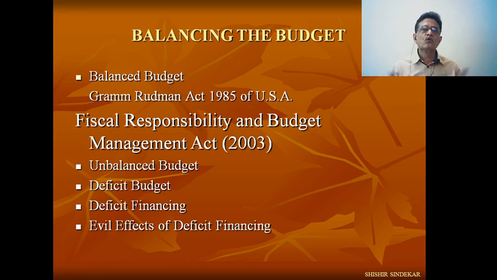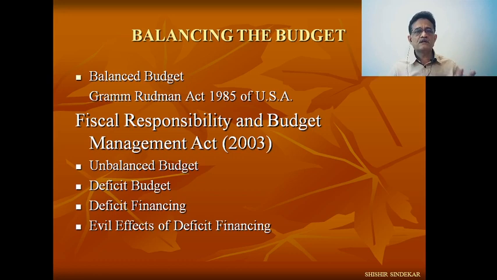Now coming to the more important part of the budget, which is known as balancing the budget. So the expenditure side must be matched with the revenue side, the income side. Income side must be matched with expenditure side. So there must be a balance between total income and total expenditure.